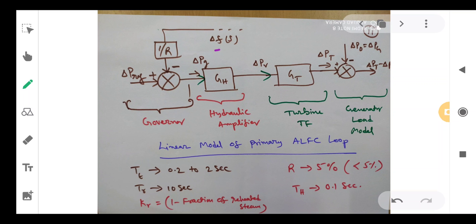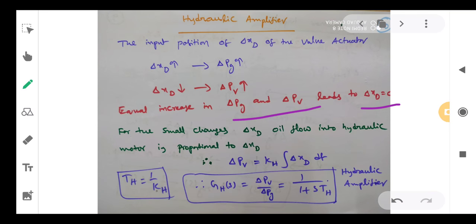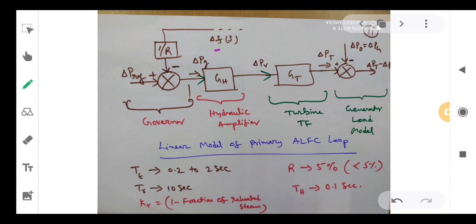GH is already derived, 1 by 1 plus S into TH, the hydraulic amplifier. That can be treated as TH or TG, the speed governor system. So, this is the turbine transfer function.